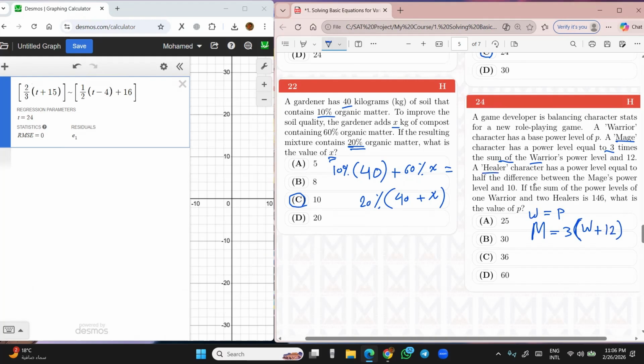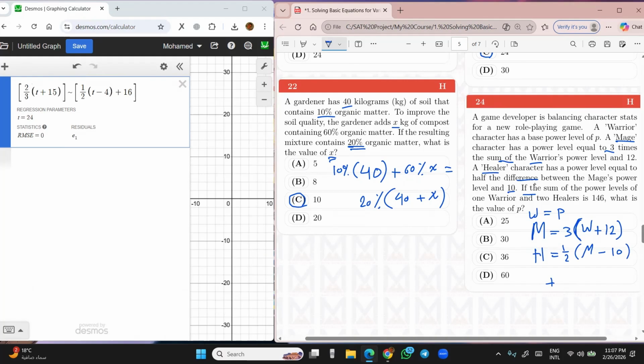And then the healer, H, has a power level equal to half the difference, and the difference means minus. The difference between the mage, which is M, and 10, write 10. This is the third equation. And then the sum means plus, the sum of what?